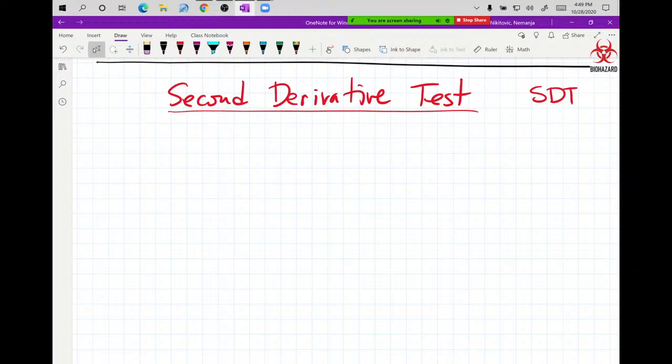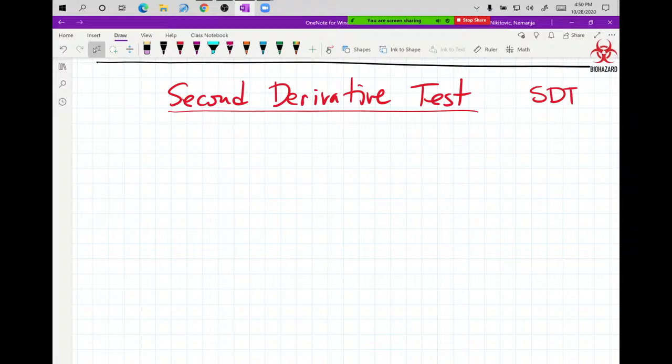You will be figuring out the second derivative. You will be equaling it to 0 to find inflection points. You will be using partitioning and test points. It looks exactly like a copy of the first derivative test, except you're using the second derivative, and the concept that you get out of that is the concept of concavity.